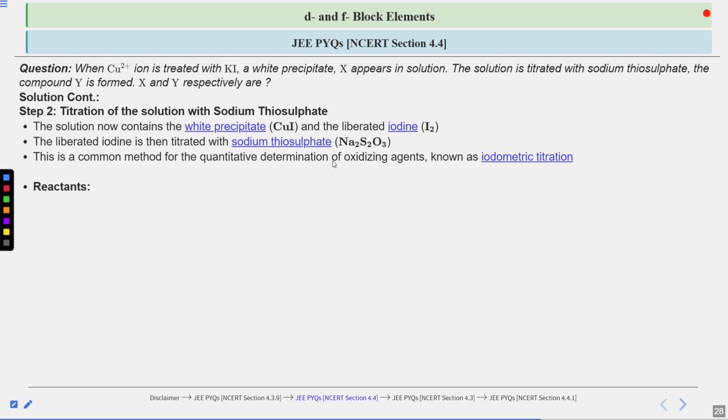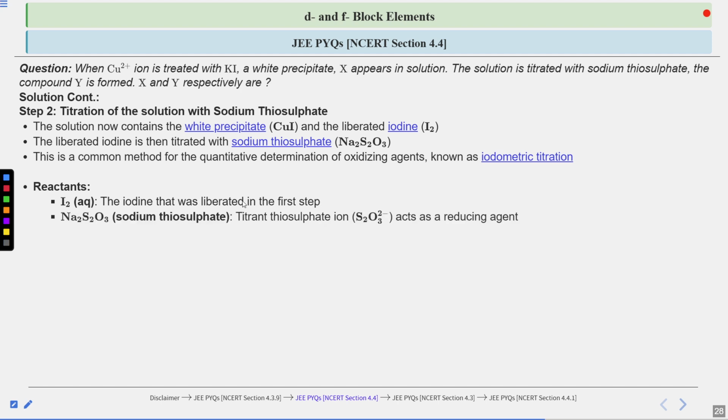The reactants that are going to be included: first is the iodine molecule in aqueous form. So the iodine that was liberated in the first step, right? In the first step, when the copper 2 plus ion oxidizes iodide ion to iodine, from there we get the iodine molecule. Secondly, sodium thiosulfate, that is Na2S2O3.